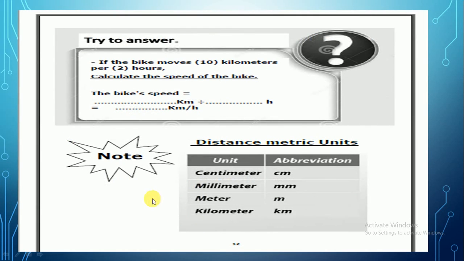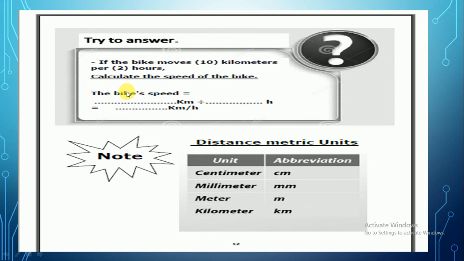Good job. Okay, so we have here a problem. If the bike moves 10 kilometers per 2 hours, 10 kilometers, this is the distance, per 2 hours, this is the time. We need to calculate the speed of the bike.